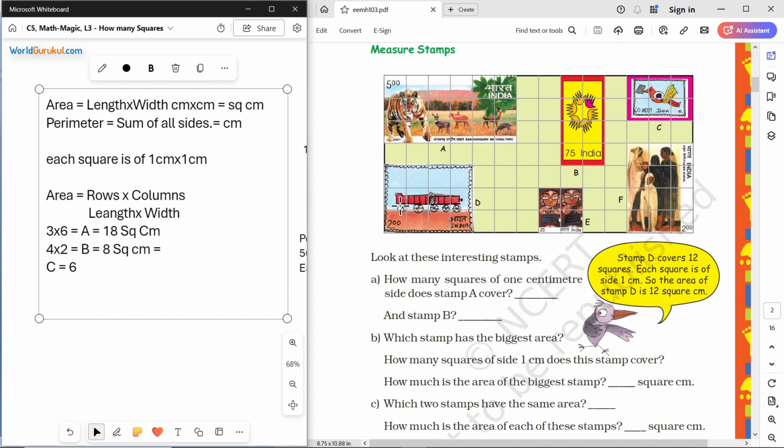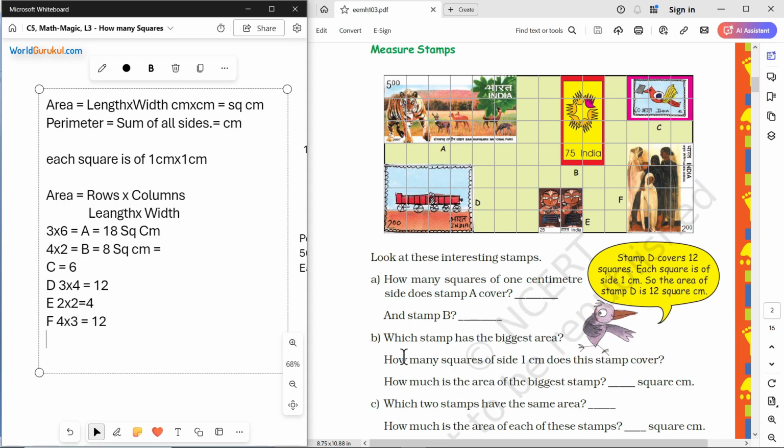D, 1, 2, 3, 3 rows and 1, 2, 3, 4, 4 columns. So, D is going to be 3 by 4, that is 12 square centimeters. And E is 2 rows and 2 columns. 2 by 2 is 4. F, 1, 2, 3, 4, 4 rows and 3 columns is 12.